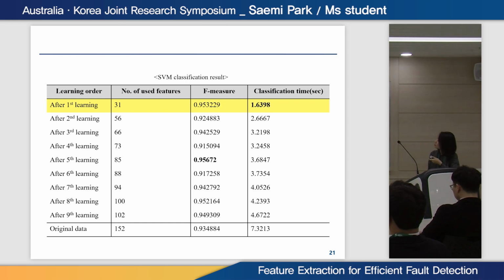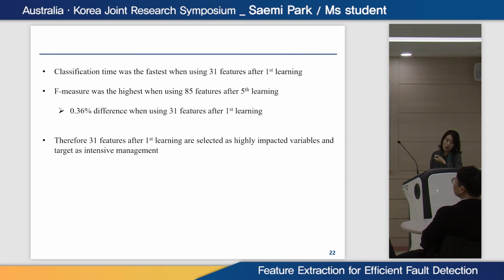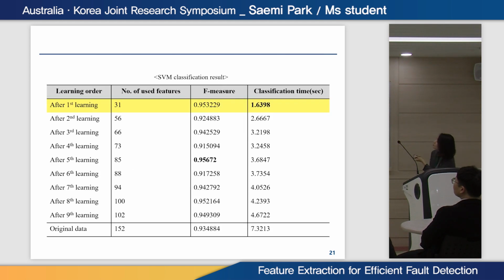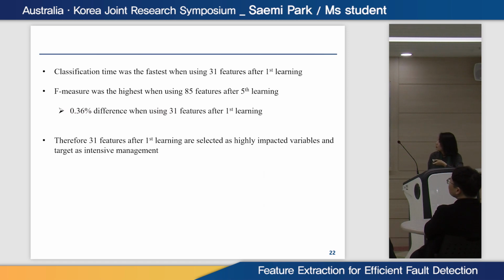The classification time was fastest after the first run, when using 31 variables, and the F measure was highest after the 5th run. But the F measure after the first run was similar to the 5th run, and the difference was just 0.36%. So I conclude that the 31 features after the first run are selected as highly impacting variables and targeted for intensive management.